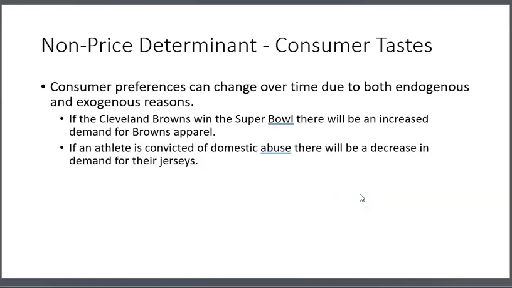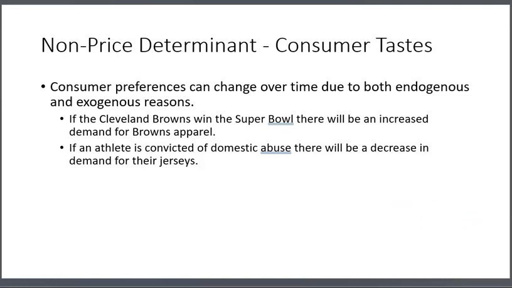Probably the most stark example of this I remember in my lifetime is the Michael Vick jersey. Michael Vick jerseys were extremely popular because he was a very popular player at one point. He was convicted of dog fighting, among other things, and people quit wearing his jerseys and all of that.